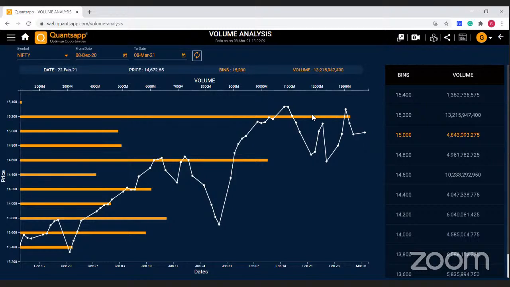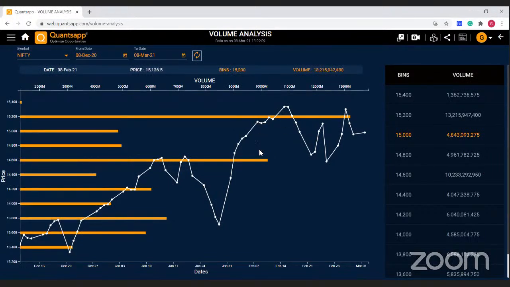From the upper side, I can see this is the resistance level that is standing for the Nifty. And below, this bin level of 14,600 is the level where the second highest volume has been seen.